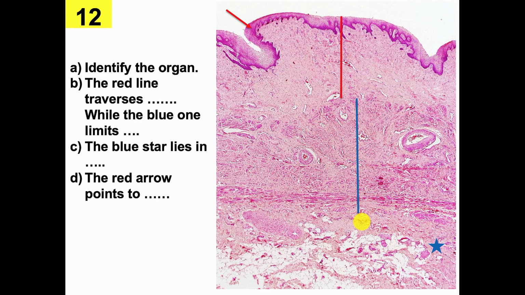The red arrow points to the non-keratinized stratified squamous epithelium. The blue star lies in the adventitia, so these are our 3 layers: the mucosa, the musculosa, and the adventitia.